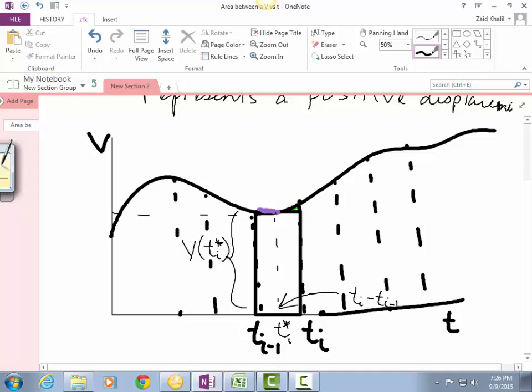Therefore, the area of this rectangle, which remember, we adjusted so that it's precisely the area under this curve, is v of t sub i star times t sub i minus t sub i minus 1.